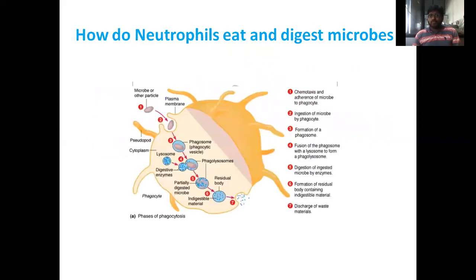How exactly do neutrophils eat and digest microbes? This is the figure of a neutrophil. This is the pseudopodia. This is the plasma membrane of that particular neutrophil.